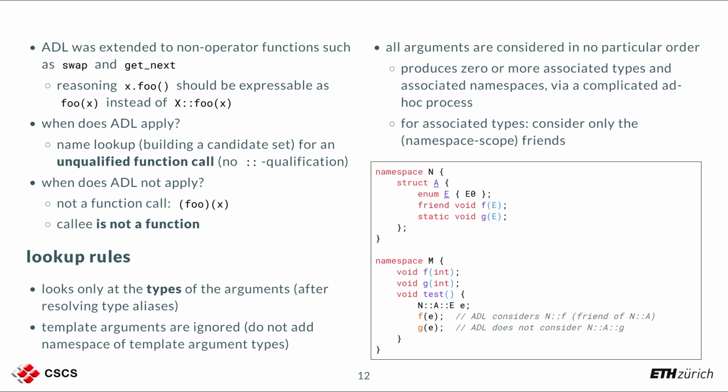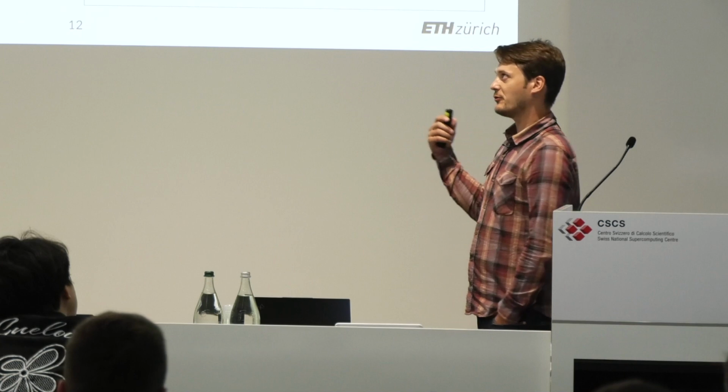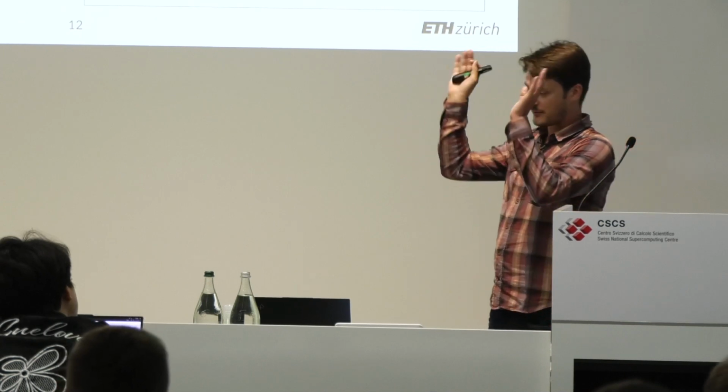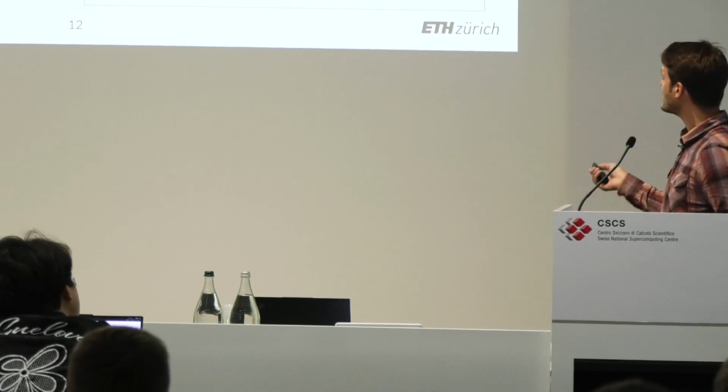In technical terms, how it works is very involved. There are lots of arcane rules, and if you want, you can read up in the standard. But here are some important facts about this. It looks at all the types of the arguments after resolving all the aliases. It completely ignores any template argument that you might have on your functions. So if your template argument is from a certain namespace, that doesn't play any role, just the arguments of the function.